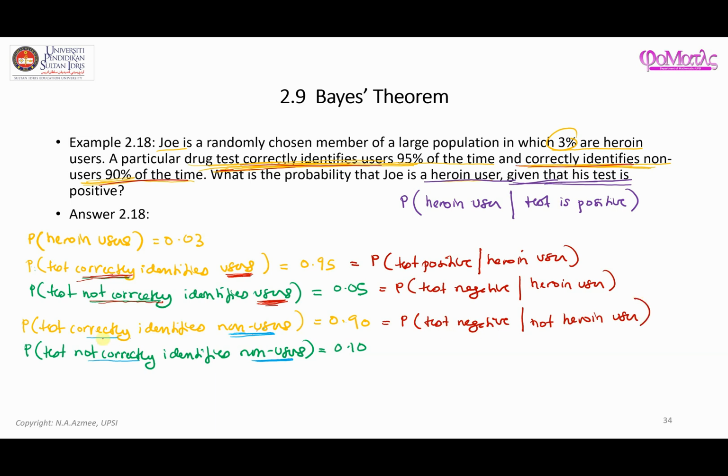Then that is how it correctly identifies non-users. And this one, the test does not correctly identify non-users, so the result is going to be positive. It cannot correctly identify non-users, so it will give a positive result for a person that is not a heroin user.